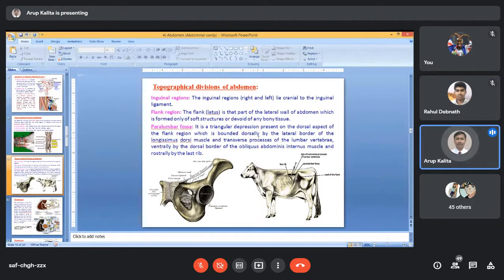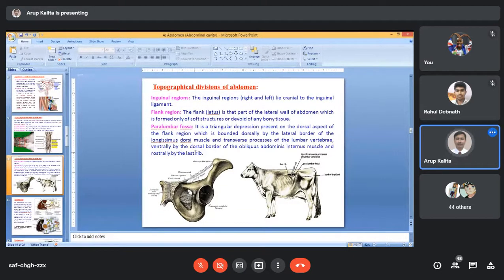It is bounded dorsally by the lateral border of the longissimus dorsi muscle. The longissimus dorsi muscle is going like this. So the lateral boundary of the longissimus dorsi muscle and the transverse processes of the lumbar vertebrae. These are the transverse processes of the lumbar vertebrae.